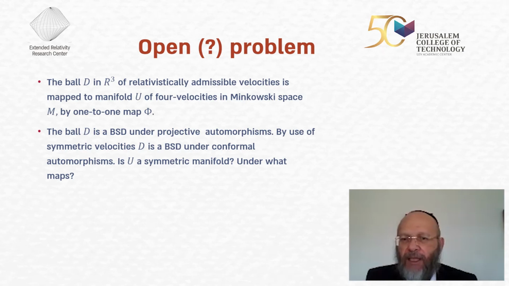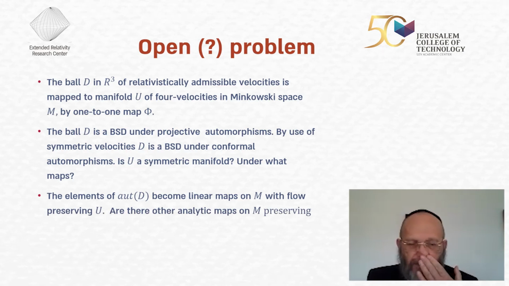Is U a symmetric manifold? Since there is a map, we have seen phi mapping this ball into U for velocities. We have seen the regular velocities are mapped to linear ones. Is this the conformal one? Is there another representation? What are the maps that make U a bounded symmetric domain?